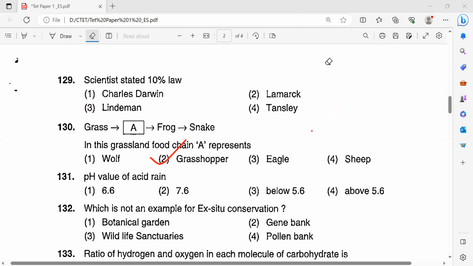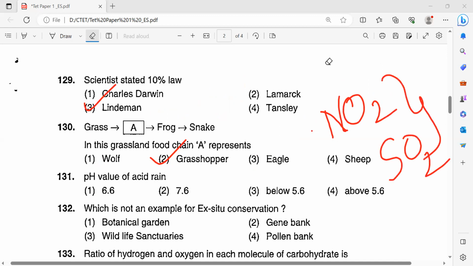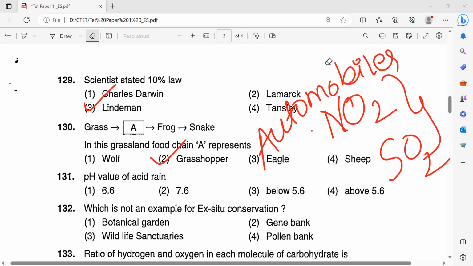Then the 131st question: the pH value of acid rain is. We know that pollutants like nitrogen dioxide and sulfur dioxide, which are released usually from automobiles or vehicles, dissolve in rain droplets and mix with the precipitation in the cloud, forming acids, and the rain comes as acid rain.